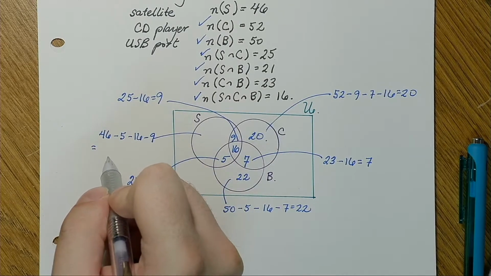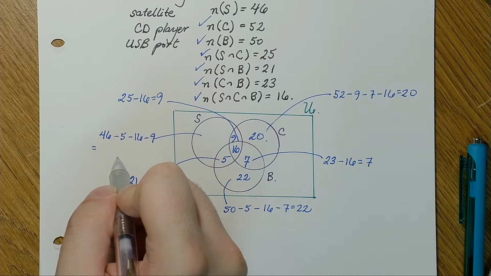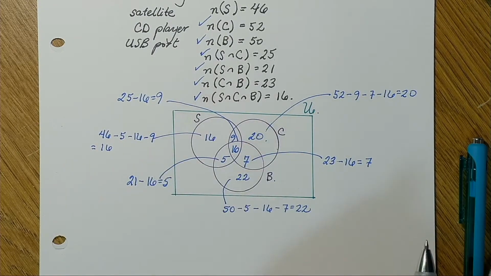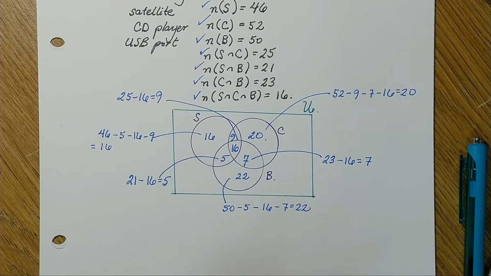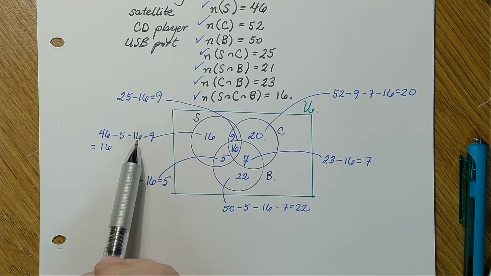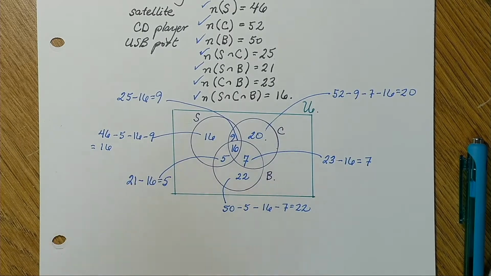So you have 46 minus 5, which gives you 41, minus the 16, that's 25, minus the 9 should be 16. And just hopefully my 16 is correct. Yeah, so 16 plus 9, 25 plus 16 plus the 5 gives you 46. Good.